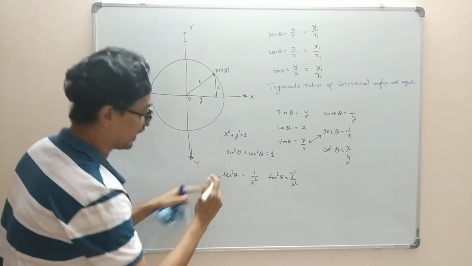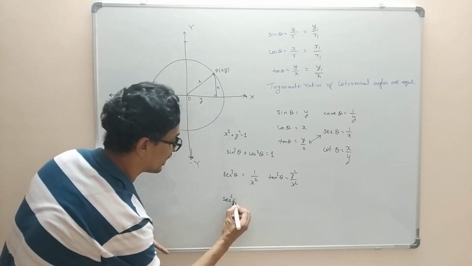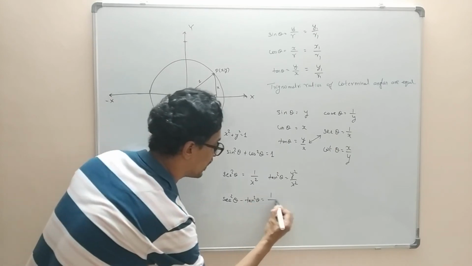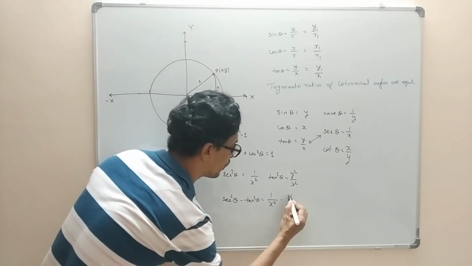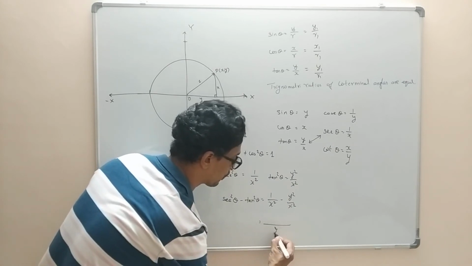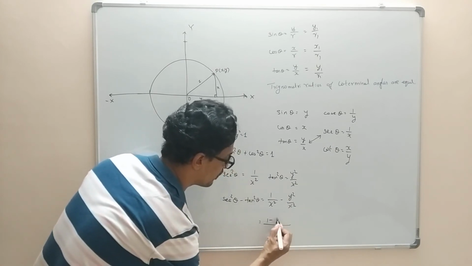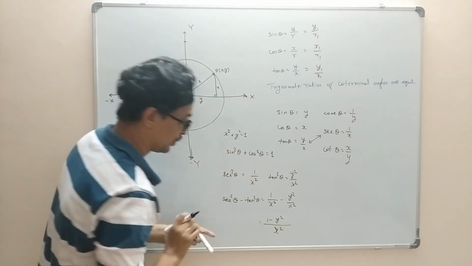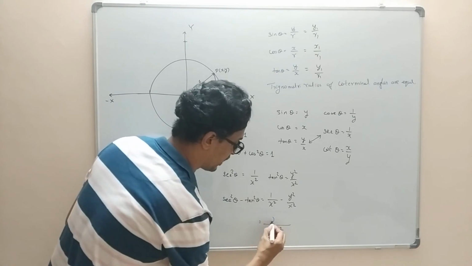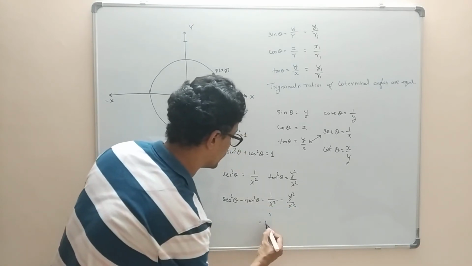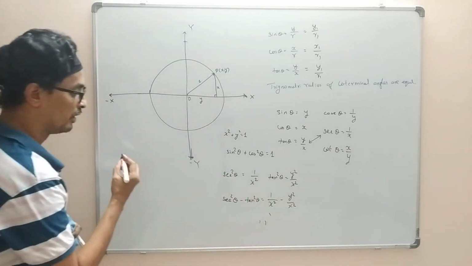So sec square theta minus tan square theta is equal to 1 by x square minus y square by x square, which is 1 minus y square over x square. 1 minus y square is nothing but x square, so it cancels and becomes 1.